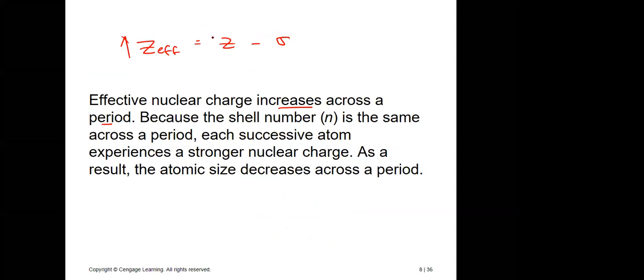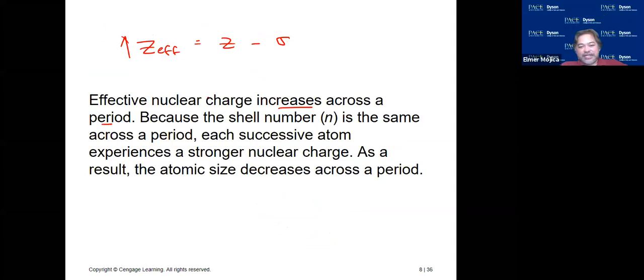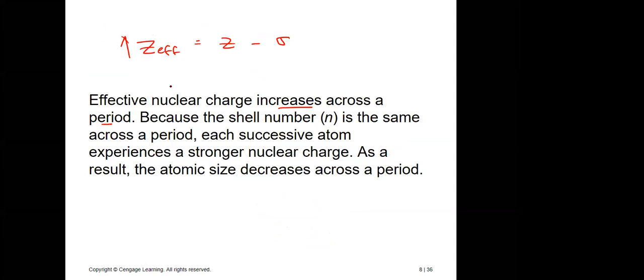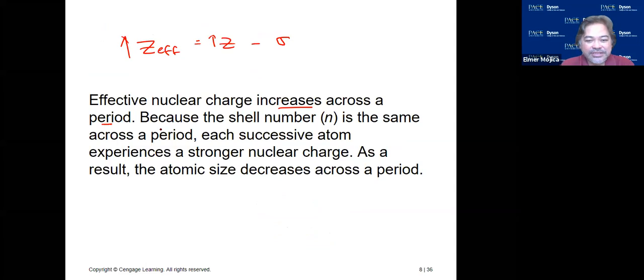Z. Across a period, left to right. Z is the one that increases. Okay? So because the shell number is the same across a period, each successive atom experiences a stronger nuclear charge. And as a result, that's another explanation why atomic size decreases across a period. Okay?